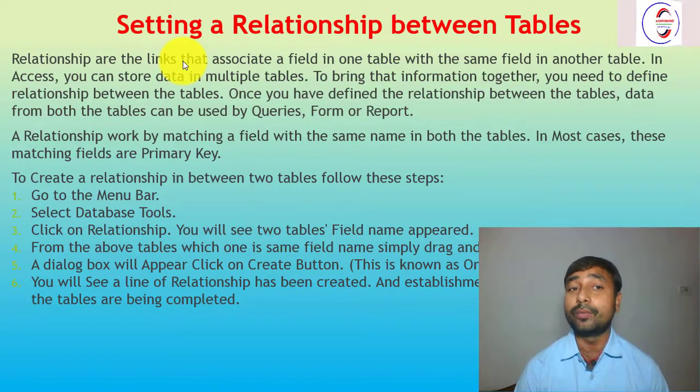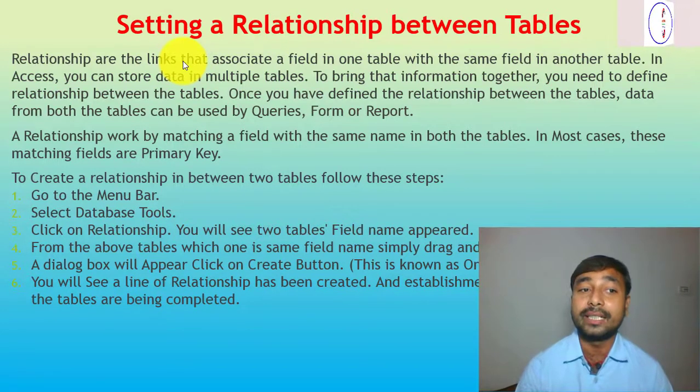I'm going to show you why I'm telling you to make the relationship, and how to make it. To bring the information together, if I want to see the roll number, name and computer marks, we cannot do it because both tables are not in a relationship.